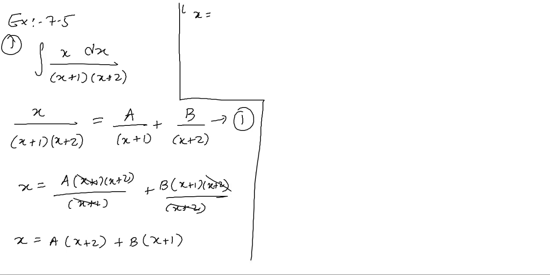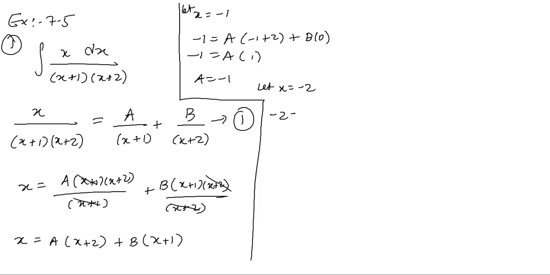So we'll assume the two values of x. First I will assume x is equal to minus 1. So I will replace the value of x as minus 1, and you can understand this will get 0. So I got a value of a as 1. Now I will assume x as minus 2.